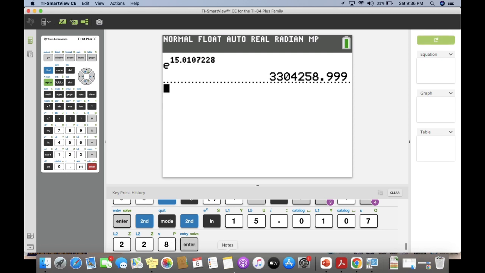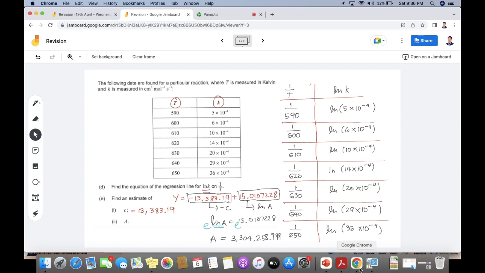So this is now the value of A. You might see that in the marking scheme, this one is rounded off. But there's also a portion in the marking scheme which gives the entire value of this, which is also correct.